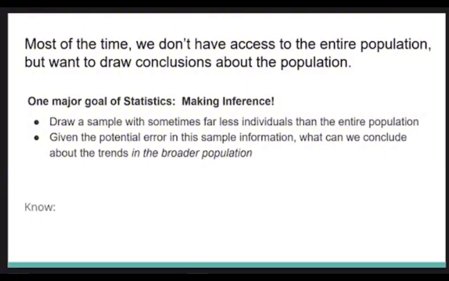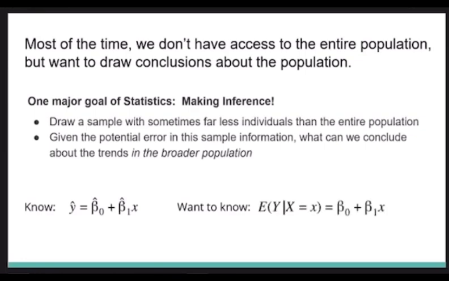Now, please take a look at this. If I know this, where do we use this? On the sample. This is a fitted model. If I know this, what can I say? What do I want to know? This is what I want to know. That one has to do with the population.